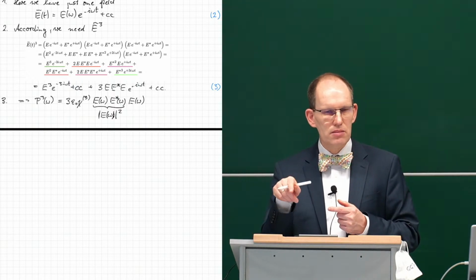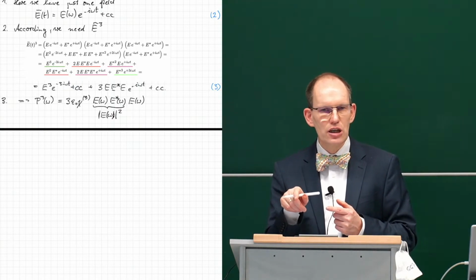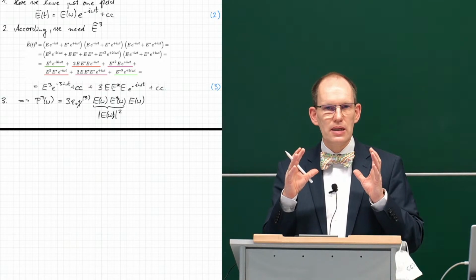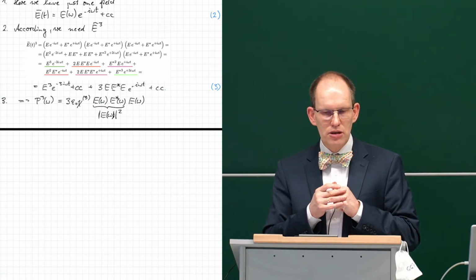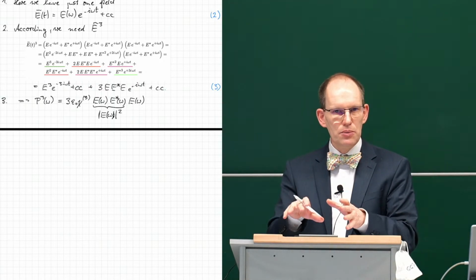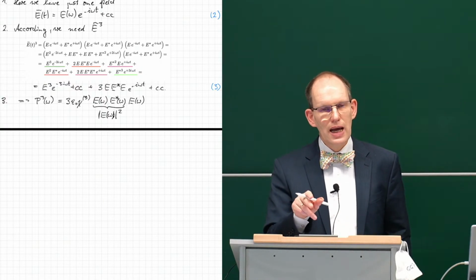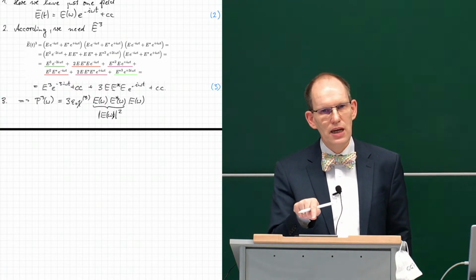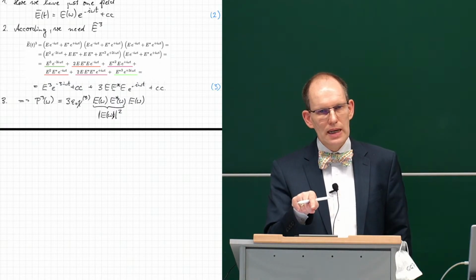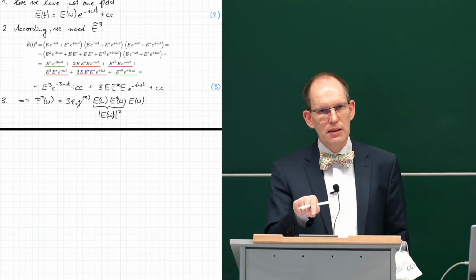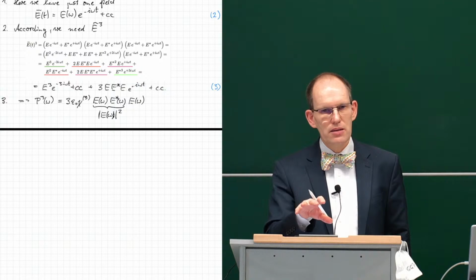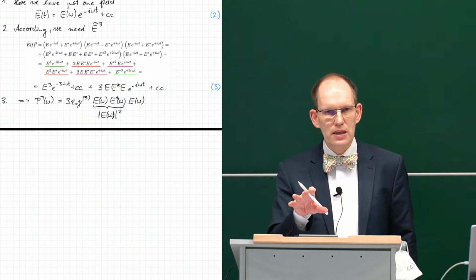So you see this indicated with the script E. So we used an explicitly real field, whereas here we use complex notation, and we use complex notation in an awkward form. So you know that we use complex notation in nonlinear optics.